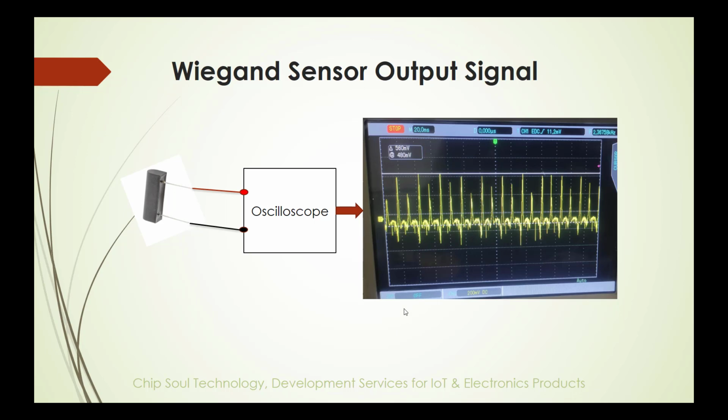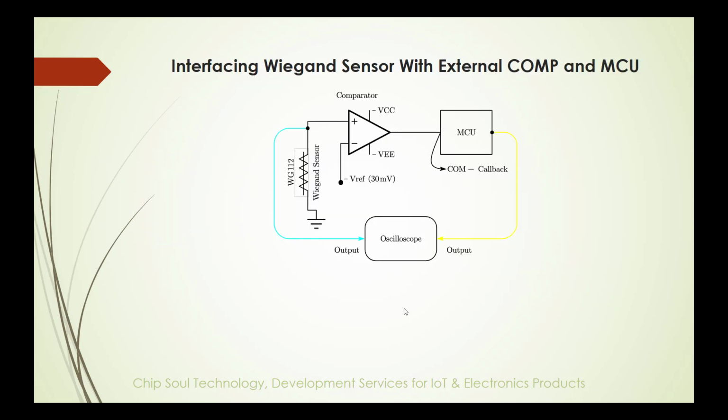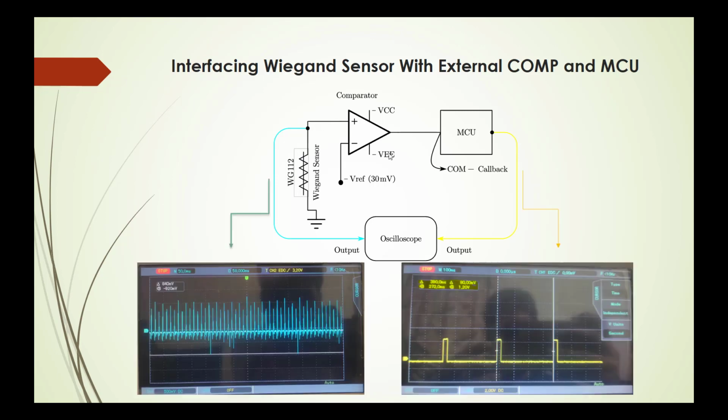Once you connect the comparator, like in this case I have used the LM339 comparator, and connect the Wiegand sensor output to the input of the comparator, you will see the output voltage like this.